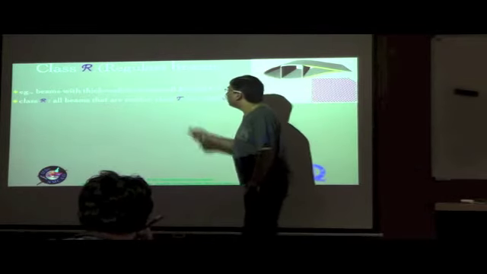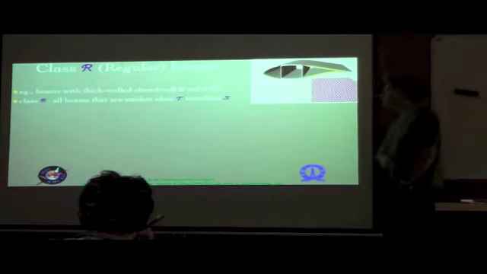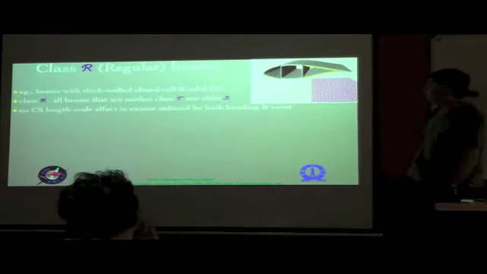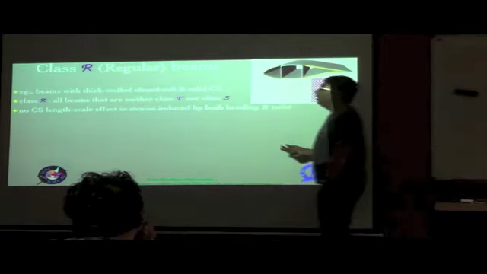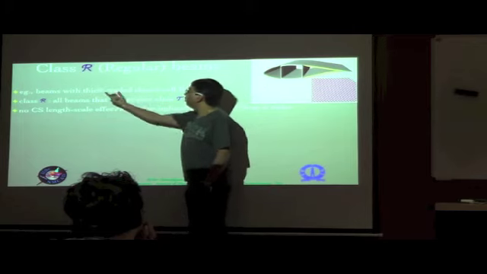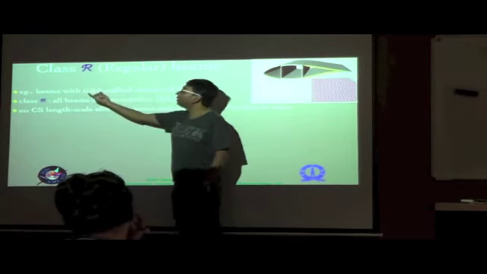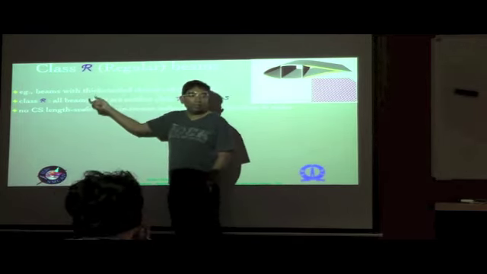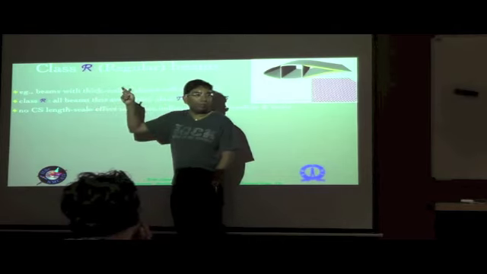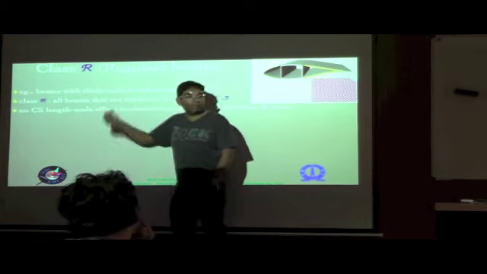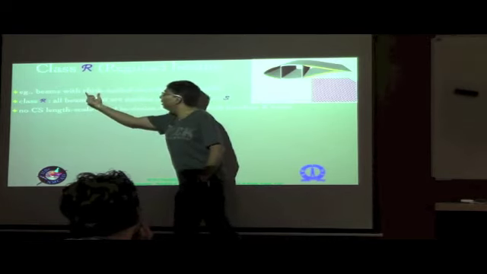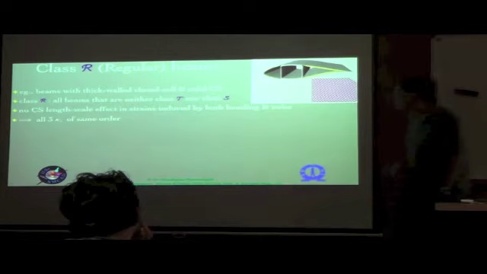Class R, all beams that are neither class E nor class S. So no cross-sectional length scale effect in strains induced by both bending and twist. Of course, here I'm classifying the wall as far as the closed cell is concerned as thick-walled. If it is thin-walled, then the Brazier effect will come into picture. So that's a special class that I want to leave out as an exception here. That's the reason why I put it as thick-walled here.